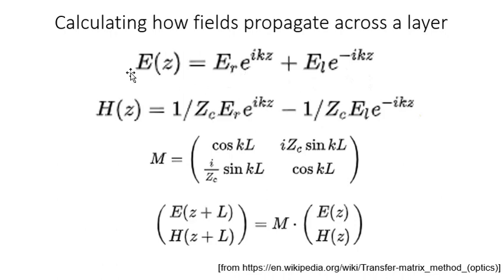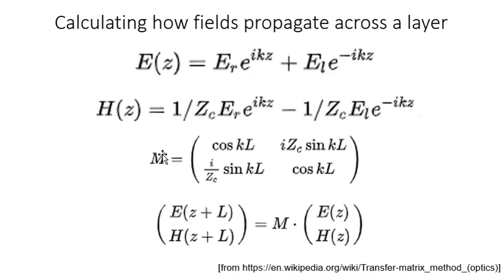And then based on the fact that the magnetic field at any point is going to be related to the derivative of the electric field, and also related by this constant, the characteristic impedance, then we can represent the magnetic field as shown here. And you'll notice that E sub r and E sub l are appearing in both. And there's also these exponentials that are in both. Obviously a minus sign here.